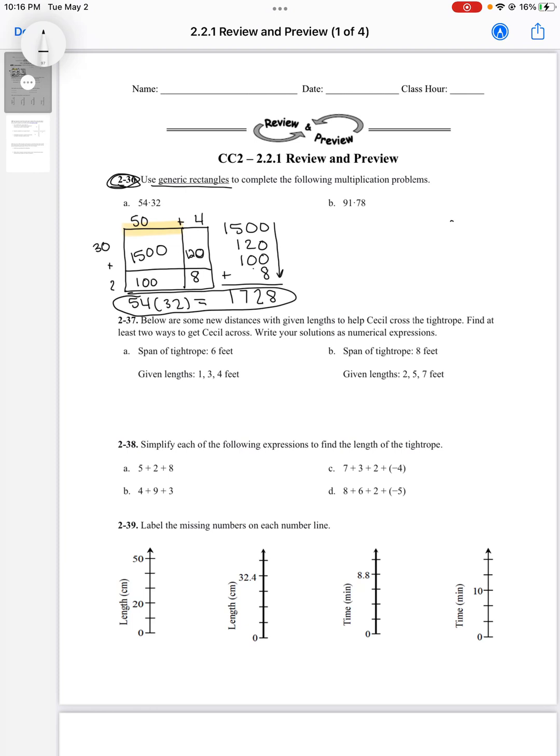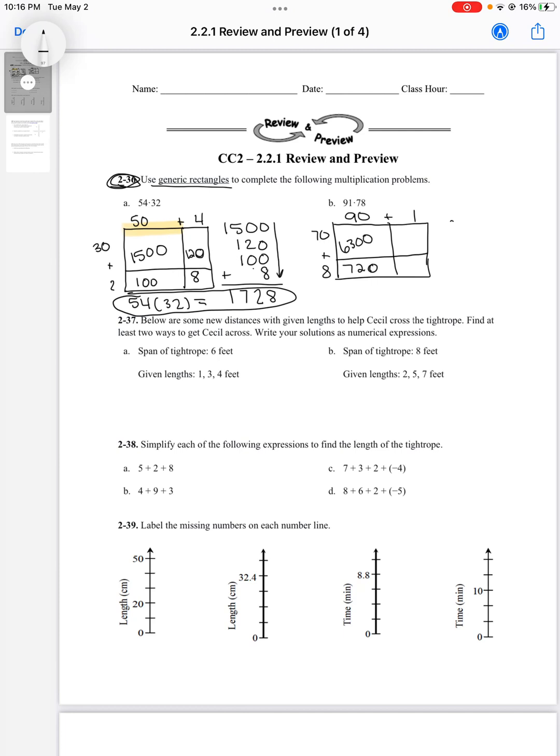For part B, I'm going to do the same thing, except for now it's 91 times 78. So I have 90 plus 1 times 70 plus 8. 9 times 7 is 63. And then because it's 70 and 90, I have the 2 zeros. 90 times 8, 8 times 9 is 72.